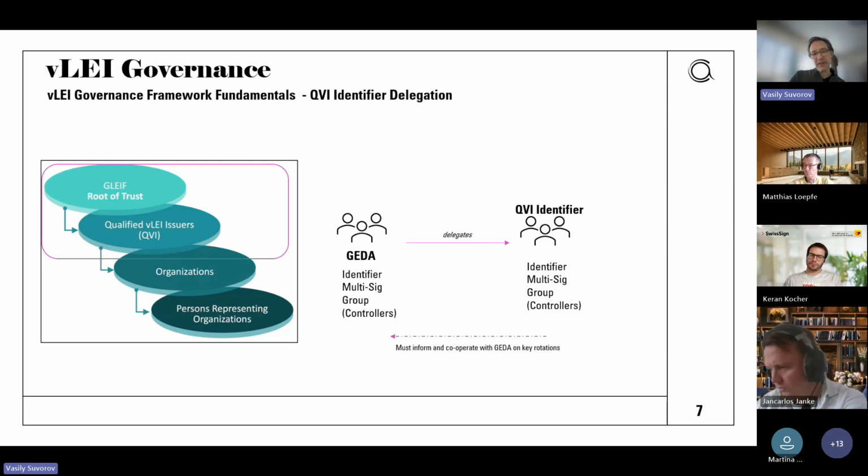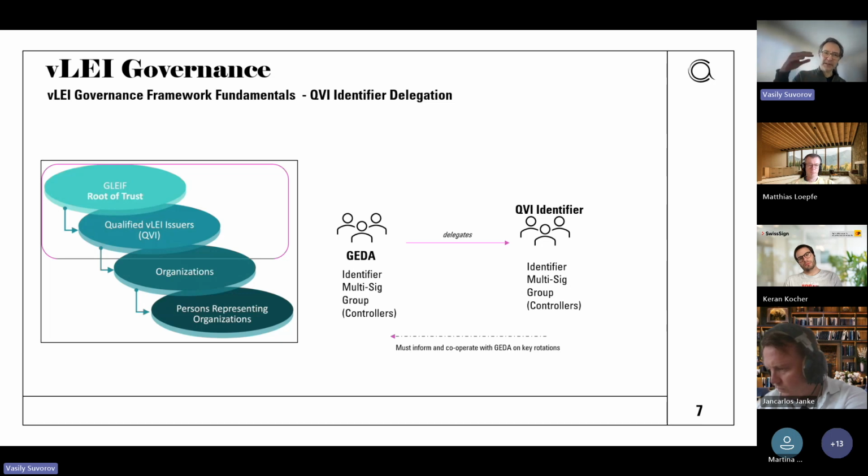If something happens on the key level with the QVI, because of this delegation relationship, they actually have to cooperate with GLEIF, right? So they need to rotate the keys. For them to rotate the keys, they need to have the confirmation from GLEIF. And we will see what it looks like a bit later.